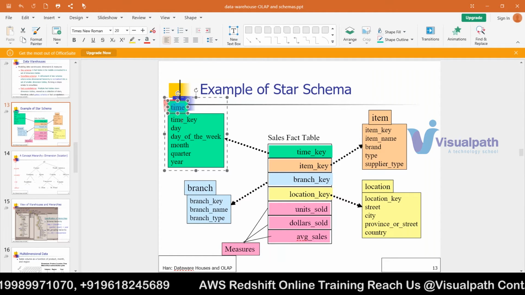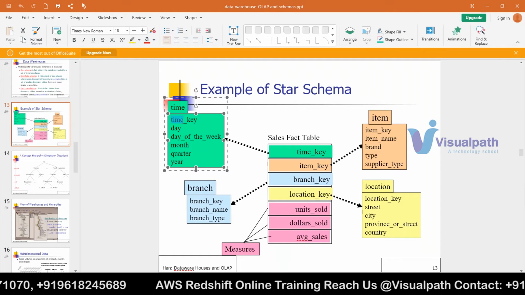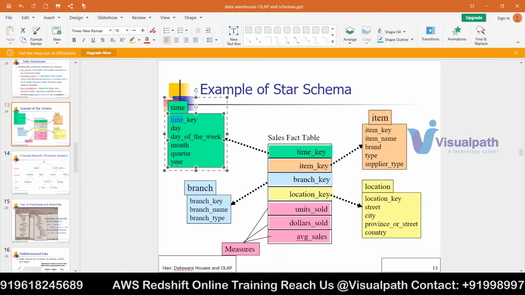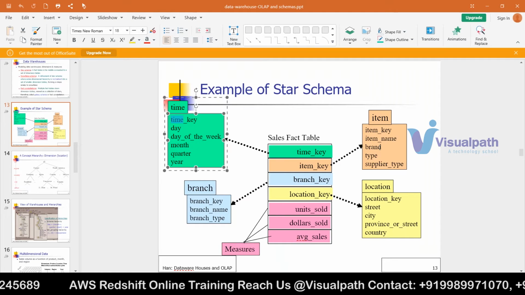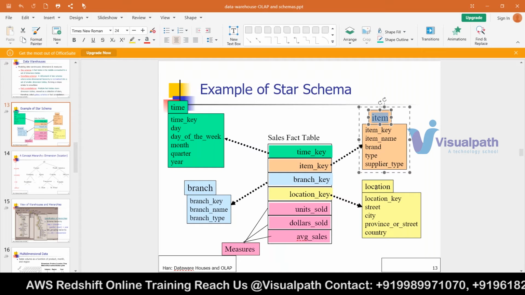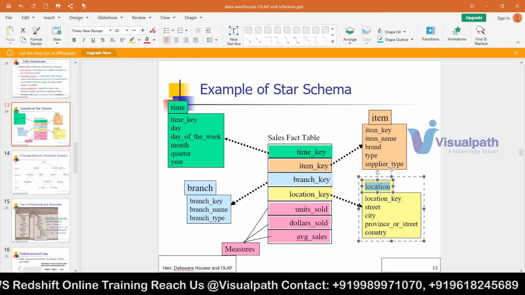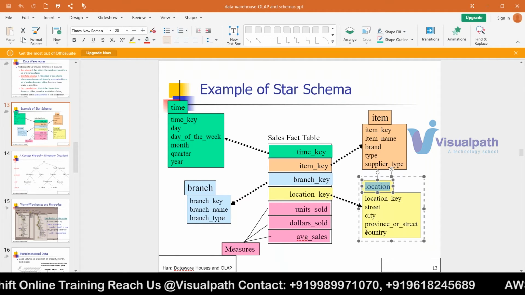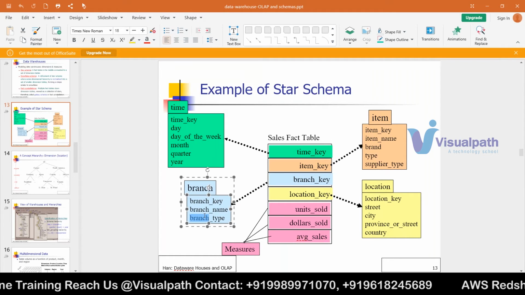In the time dimension, one key will be there, along with day, day of the week, month, quarter, year. In item, item key, item name, brand, type, supplier or manufacturer type. In location, location key, street, city, country, and so on. In branch, branch key, branch name, and branch type.